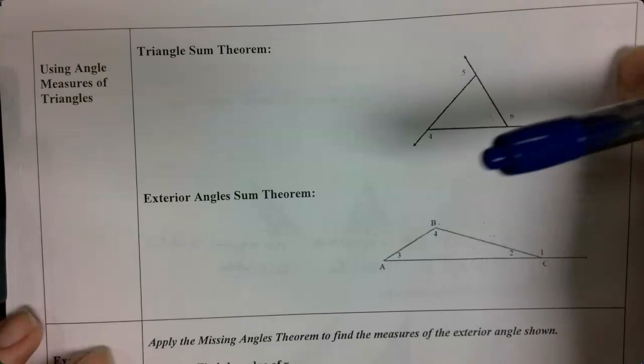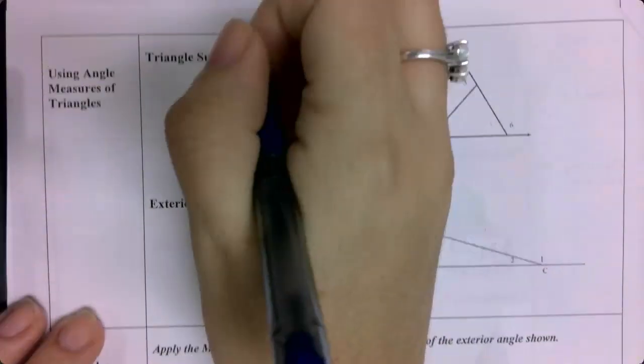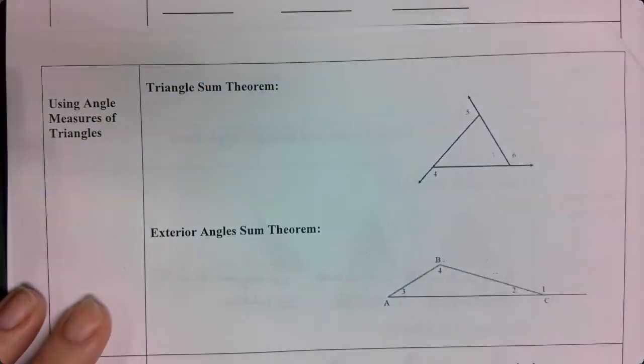Then we have our triangle sum theorem. This is the sum of all the interior angles of a triangle is 180.